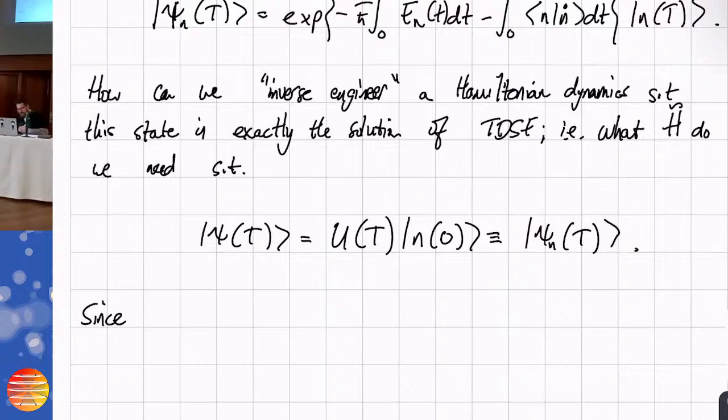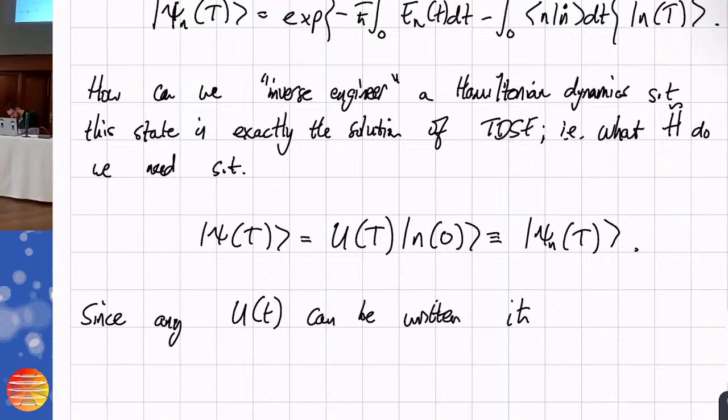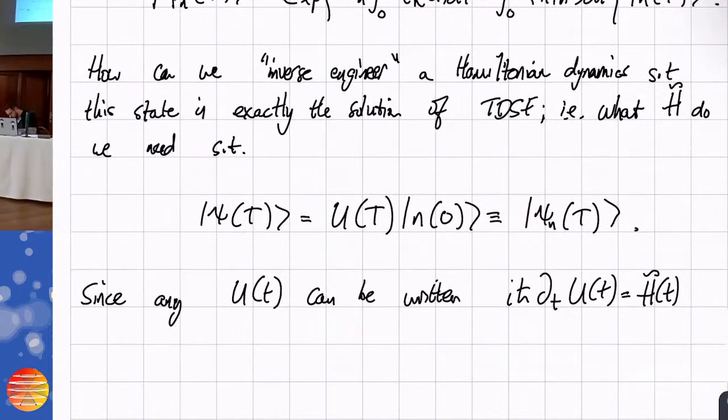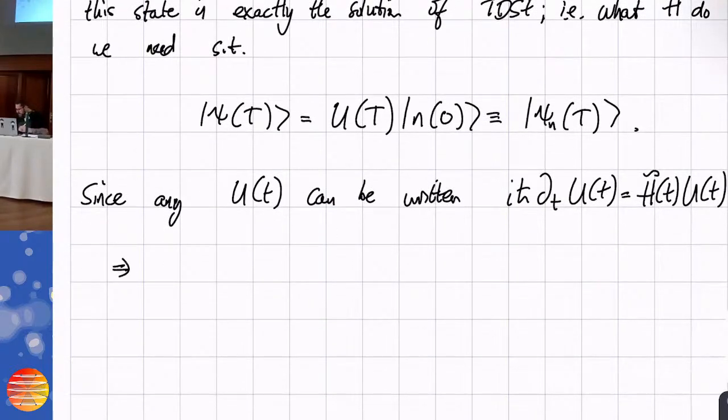And then it gets a little bit more technical. I'll probably not wade too far into the details. Since any unitary U of t can be written as i h bar dU/dt U dagger of t, I can rearrange things such that I can determine what my H tilde is, i h bar dU/dt U dagger of t.